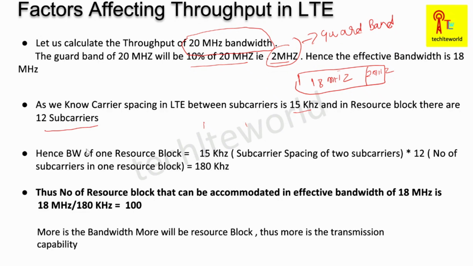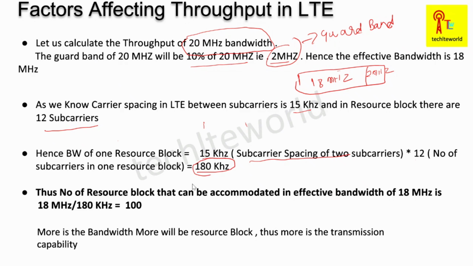Hence, the bandwidth of one resource block is calculated as follows: 15 kilohertz, the subcarrier spacing between two subcarriers, multiplied by 12, the number of subcarriers in one resource block. This product gives us 180 kilohertz, right? So we came to the conclusion that the bandwidth of one resource block of a 20 megahertz bandwidth is 180 kilohertz, right?